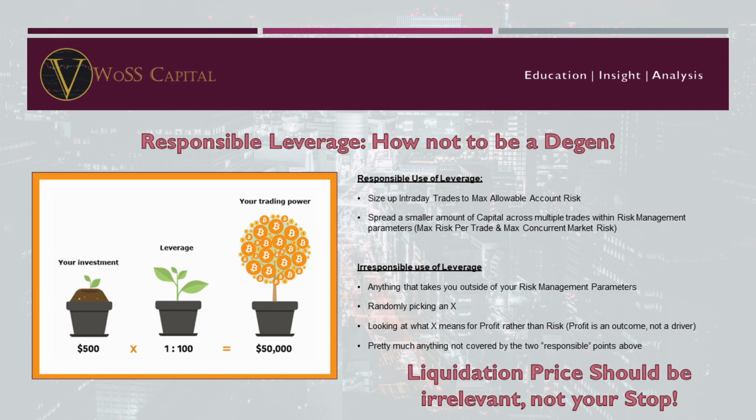The second is if you're using a smaller account and you want to spread that capital over multiple trades. If you've got a risk management strategy and part of your plan is that you're allowed to have 4 open trades at any given time, or if it's 2%, you're allowed 8% maximum market exposure at any given time, which obviously equates to 4 trades.